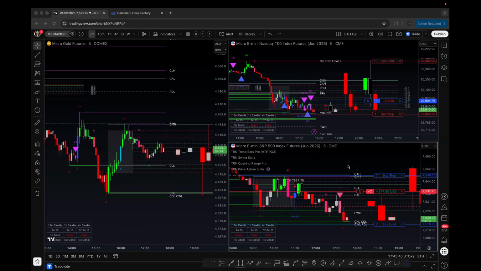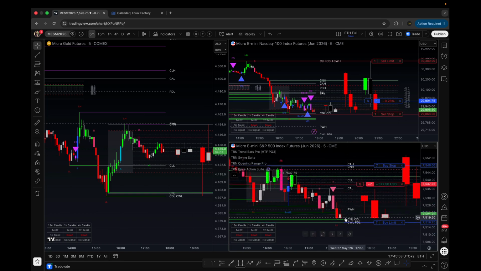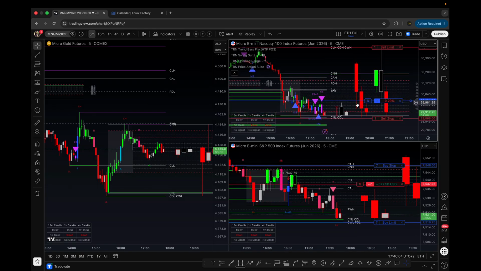Okay, guys, I know you cannot see me, but I'm recording the screen again right now because we're diving lower and we're about to hit my target right here. So if this is the case, I will walk away with a winner. At the same time, we still didn't reach my stop loss here on NQ.